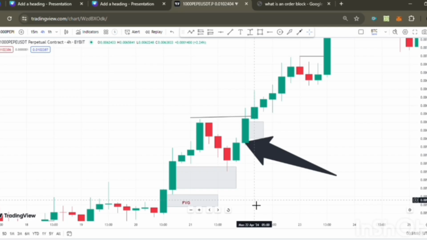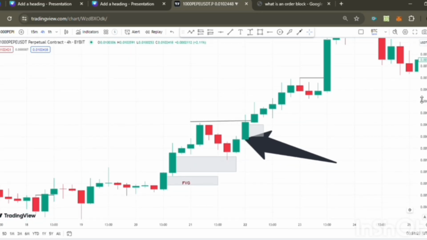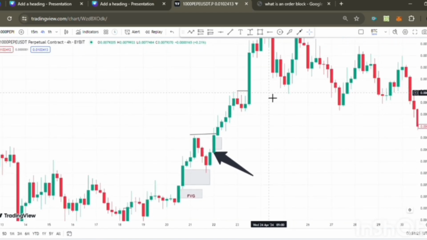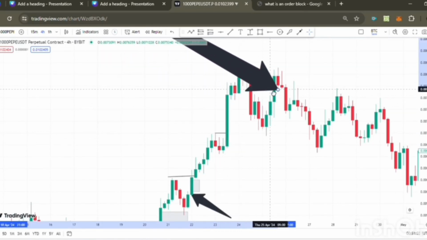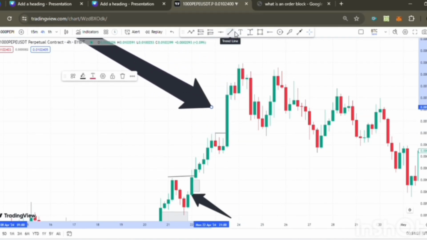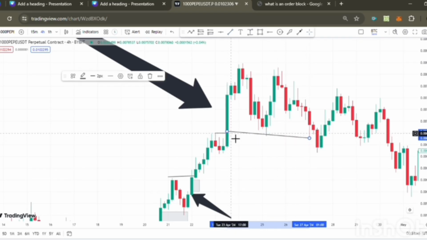So it indicates that the market will continue breaking structure, or the market will get to a point where it starts making a change of character, abbreviated as CHoCH. As you can see here, the market goes to this point and starts making a change of character.